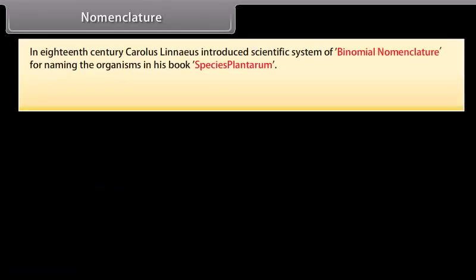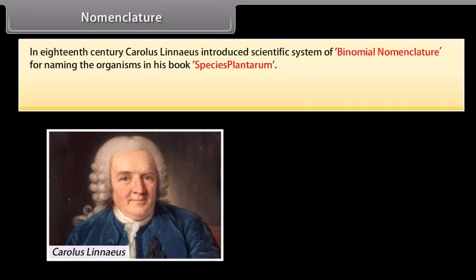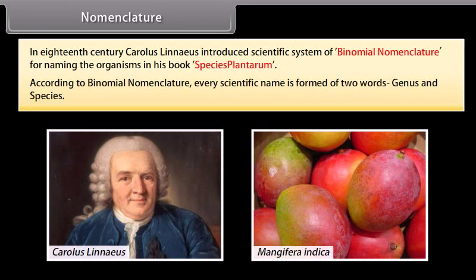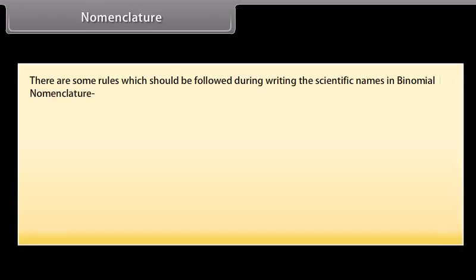In the 18th century, Carolus Linnaeus introduced the scientific system of binomial nomenclature for naming organisms in his book Species Plantarum. According to binomial nomenclature, every scientific name is formed of two words, genus and species. There are some rules which should be followed while writing scientific names.